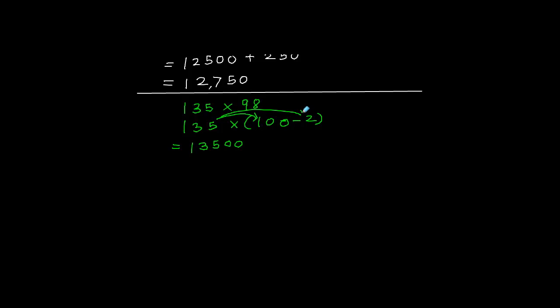Then there is a minus sign, so I'll put a minus sign. Then 135 times 2 gives you 270. And when I'll subtract, I'll get 13230. Is that clear?